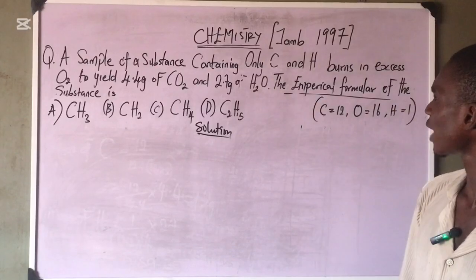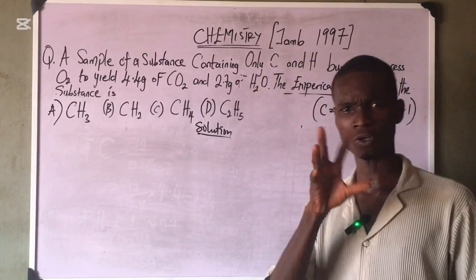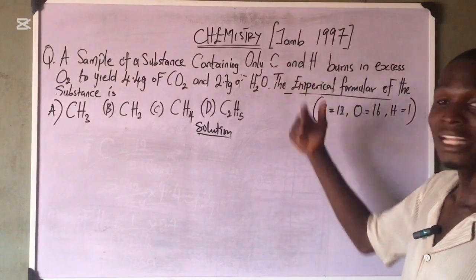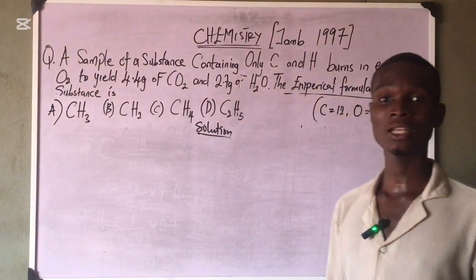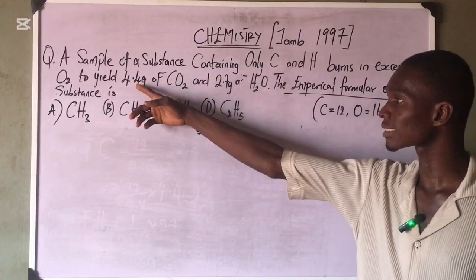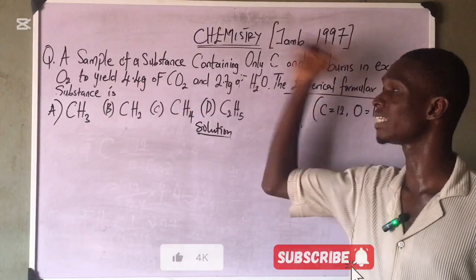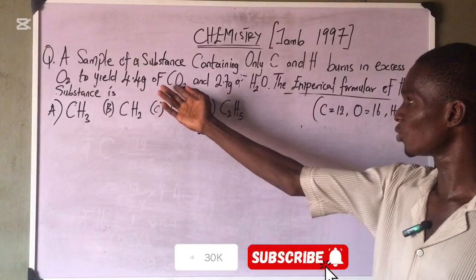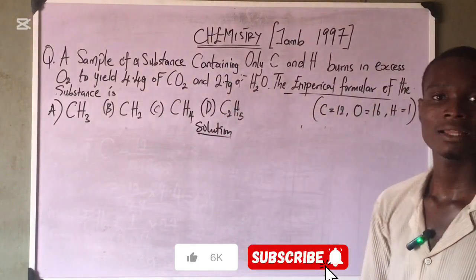But when you take a look at this question, we are not given the mass of the elements present. Rather, we are given the mass yielded when the substance is burnt in excess oxygen, which is carbon dioxide and water.